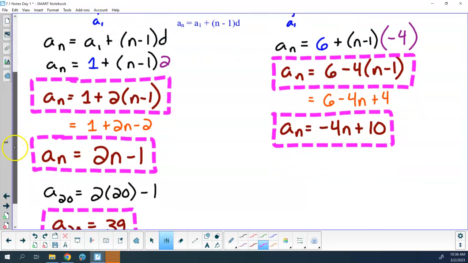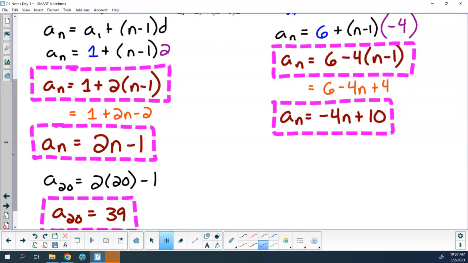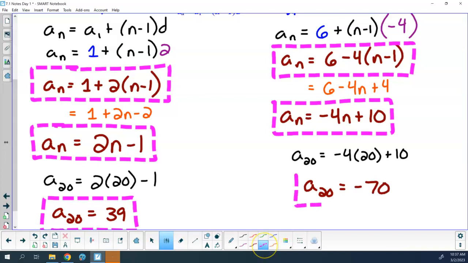And then the 20th term would be negative 7. Questions on that?